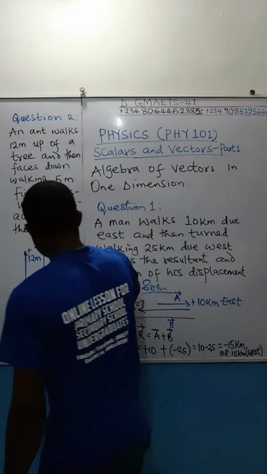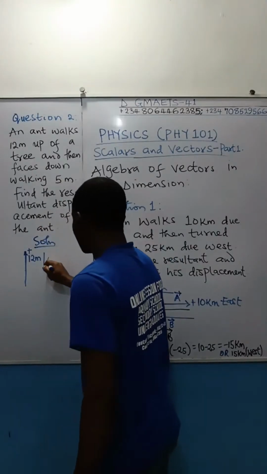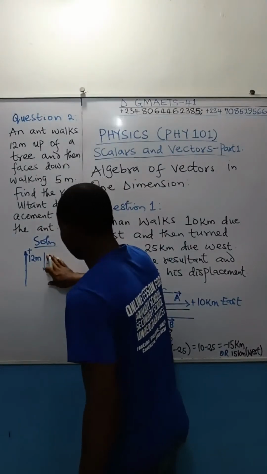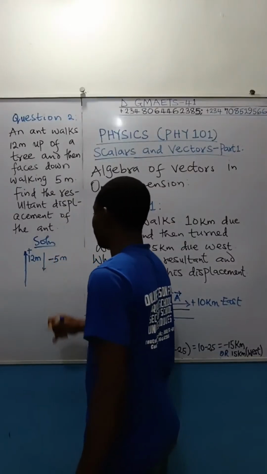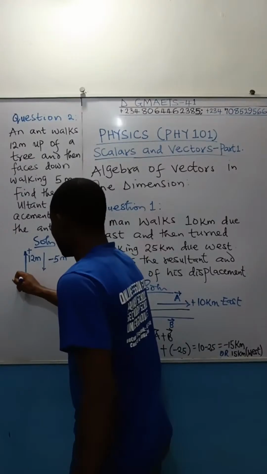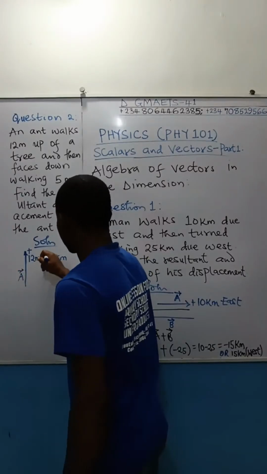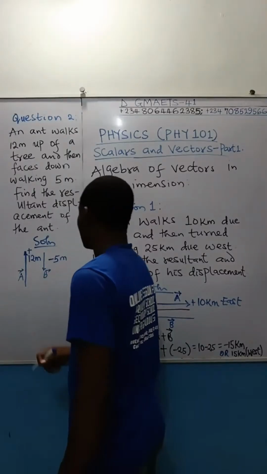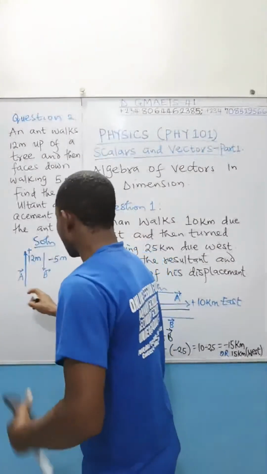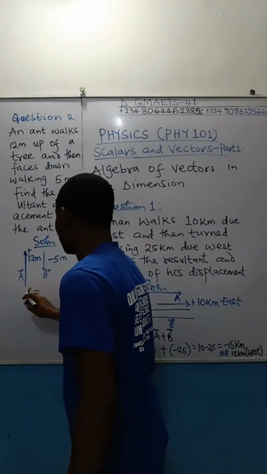But this time around, it walked just 5 meters. These 5 meters will be negative because it's facing down. So if I take this vector as vector A, and I take this one as vector B, then the resultant is the algebraic sum.